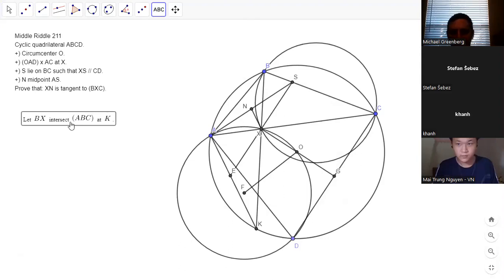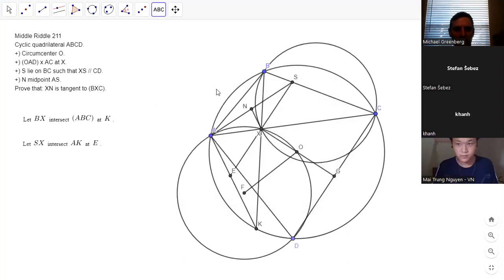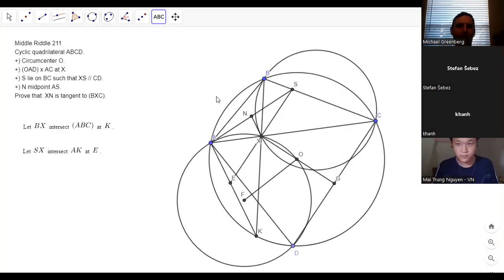And let SX intersect AK at E. Yeah, it's very nice.